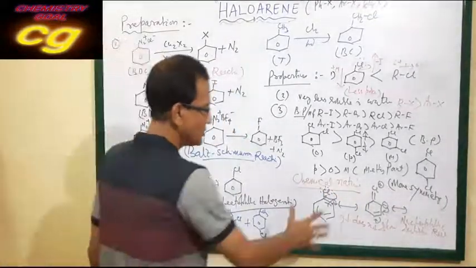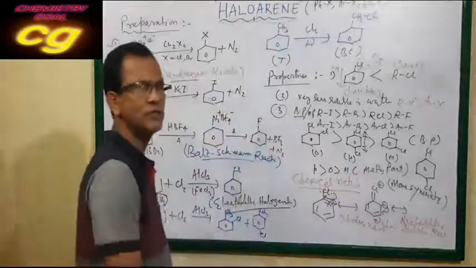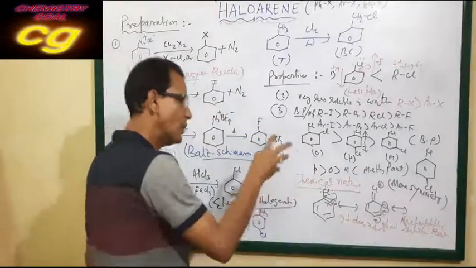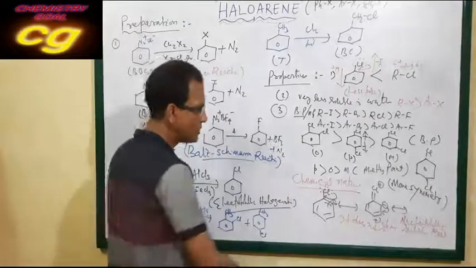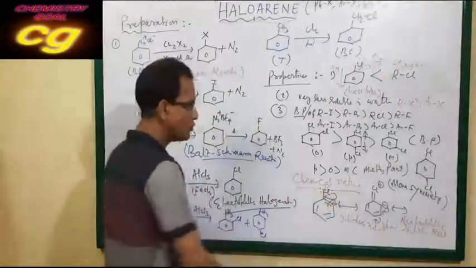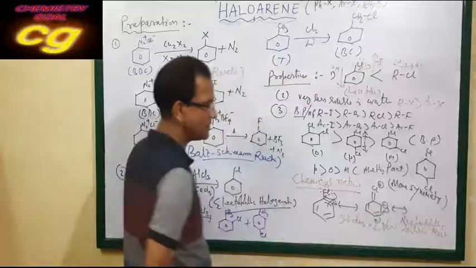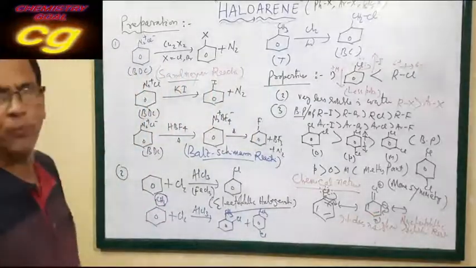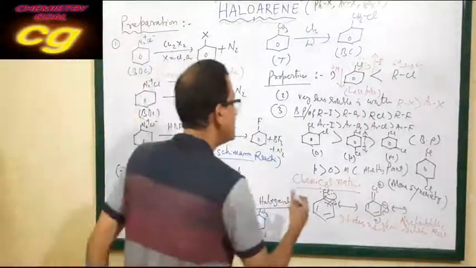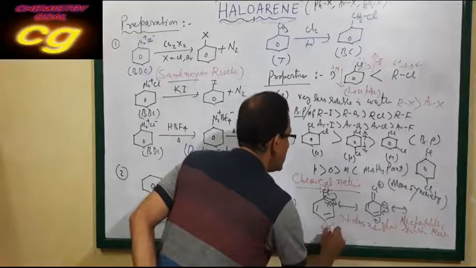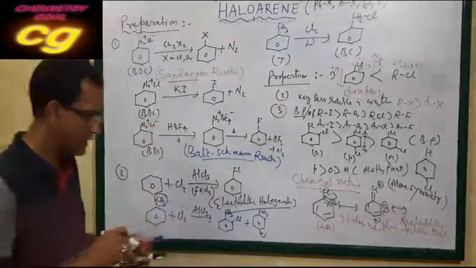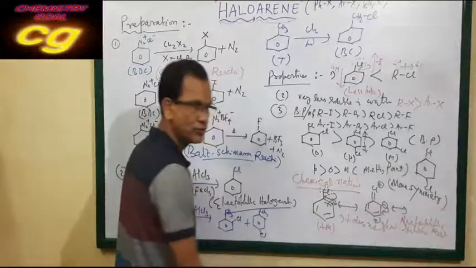That's why it does not give nucleophilic substitution reaction, but it gives electrophilic substitution, because this chlorine, due to resonance, donates electron density. This is called the plus M effect. Plus M means it is an electron-activating group.